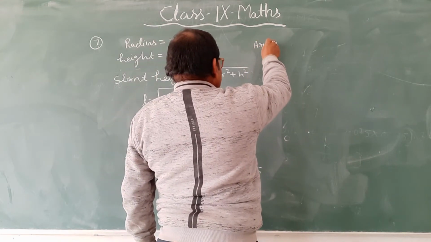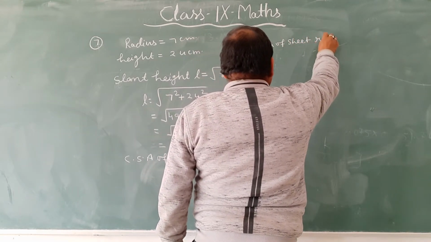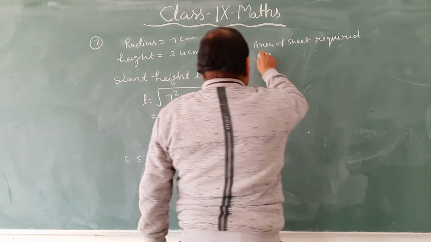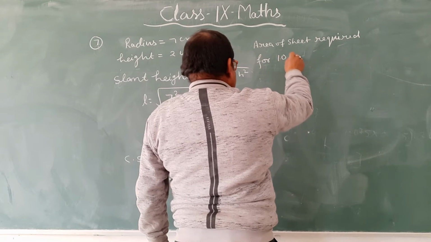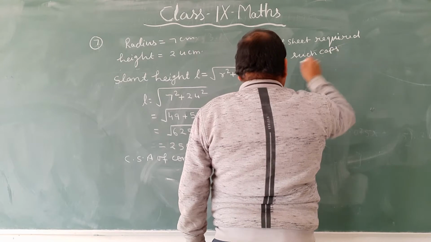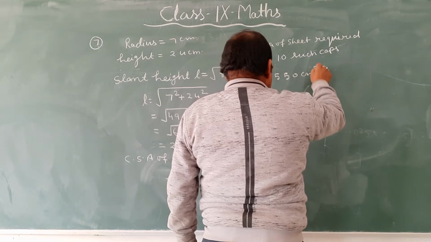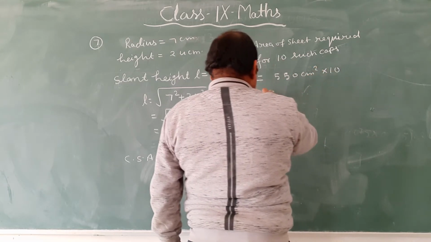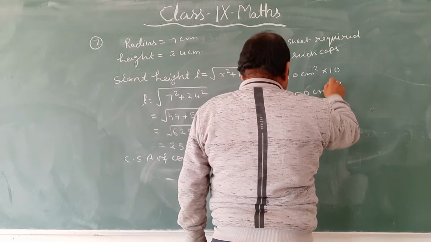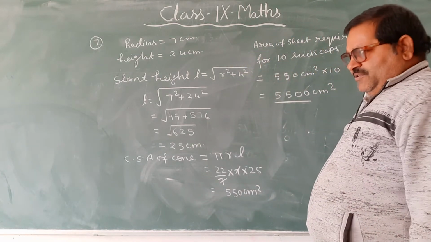Area of sheet required for 10 such caps equal to 550 centimeter square into 10, which is equal to 5500 centimeter square. This is the required area for 10 such caps.